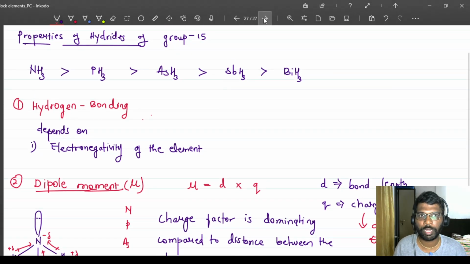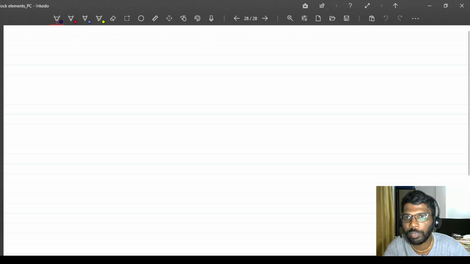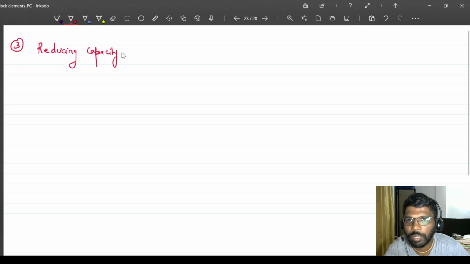The third property of the hydrides of group 15 elements is the reducing capacity.